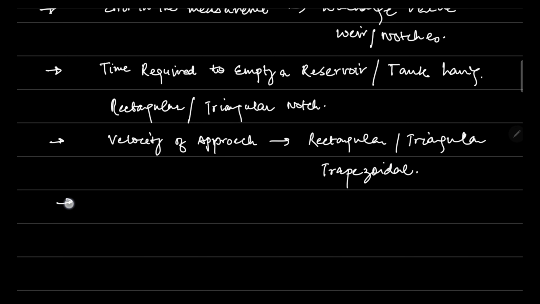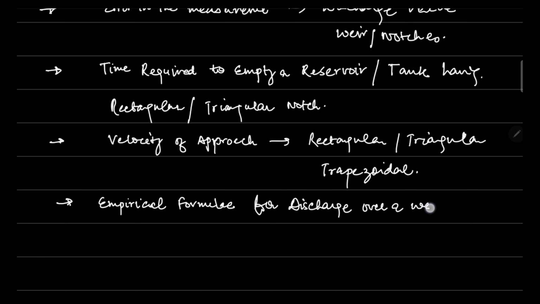Further on, we will solve problems using the empirical formulas for discharge over a weir, using either of the two empirical formulas.